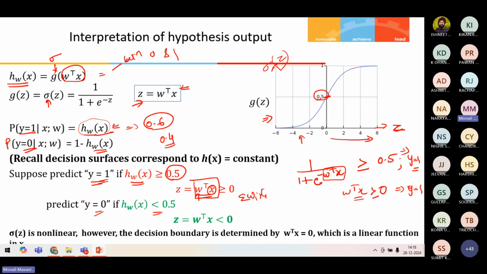The decision boundary is determined by this weighted combination of input, w0 x0 plus w1 x1, and so on. This weighted summation of input should be greater than or equal to 0; then that particular data point will be classified as 1. This is a linear function, so we call this a linear classifier.